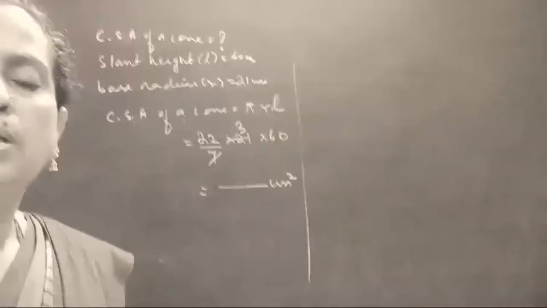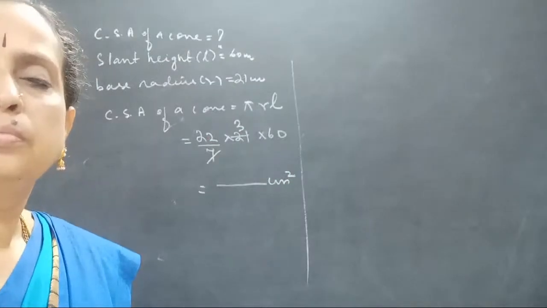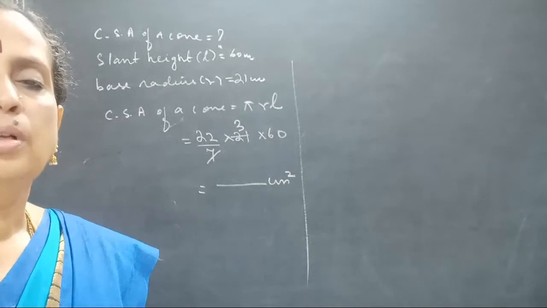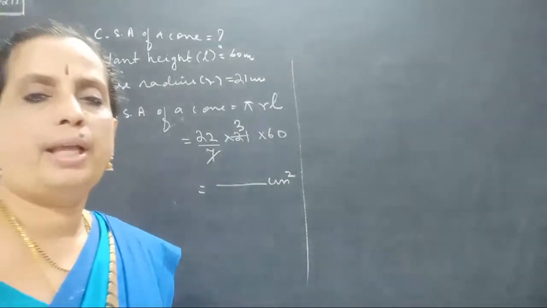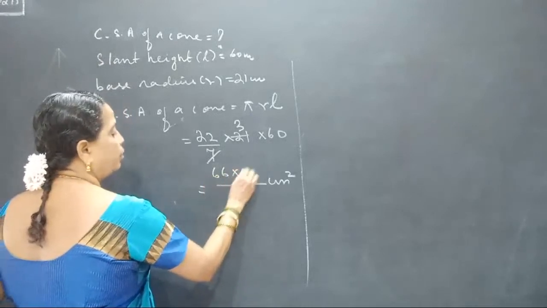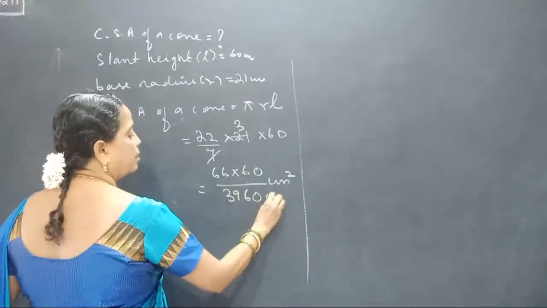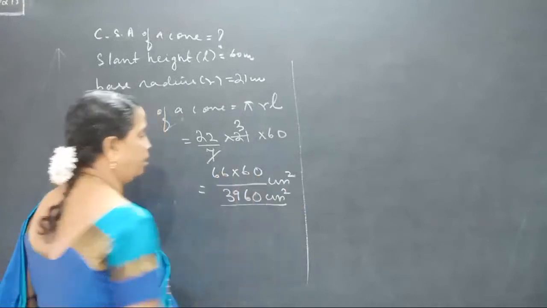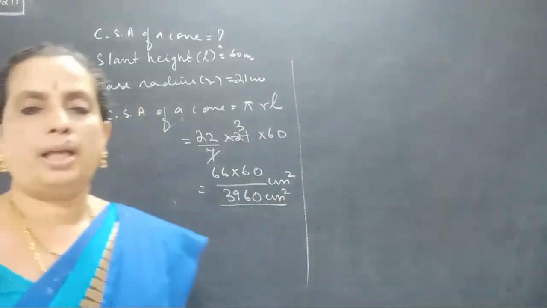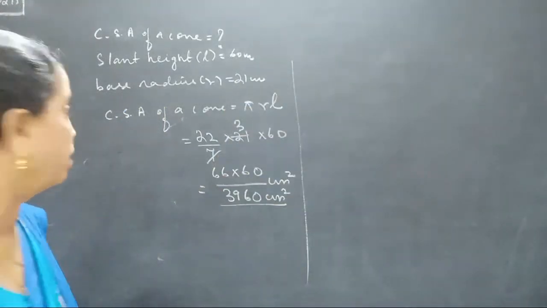Is the board clear to everybody? What is the answer? 3960 centimeter square. You will get 66 into 60. Sometimes you can do the calculation there itself or use the working column to show the answer.